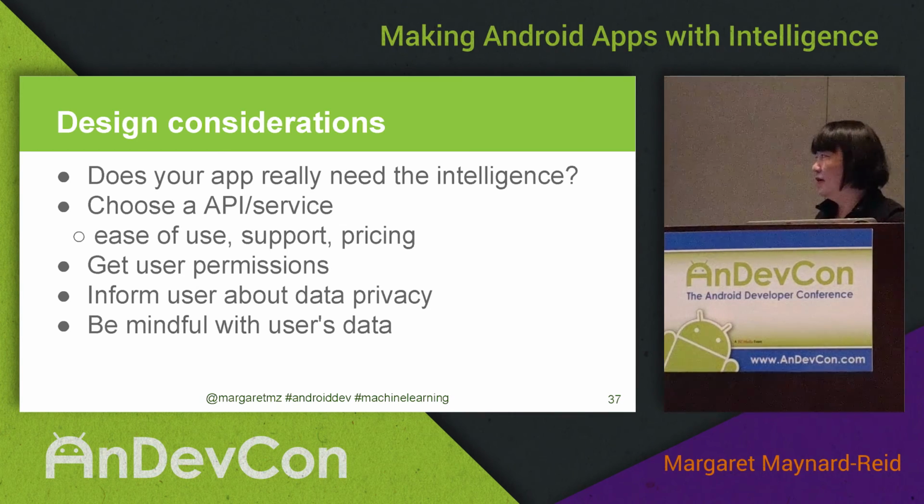And look at pricing as well. A lot of times these API sites say, oh, free, you try it out. But then look at the fine print, how many API calls you make before they start charging you, and how much.